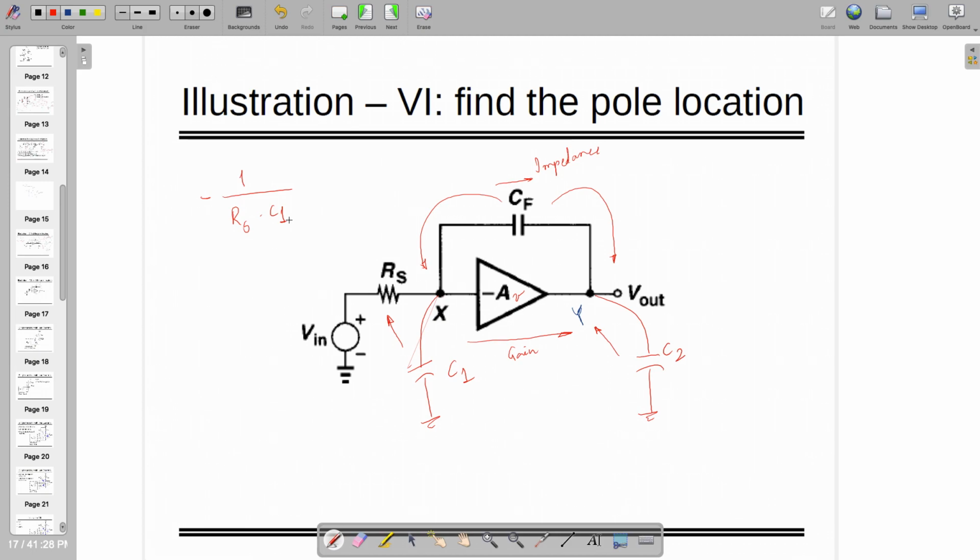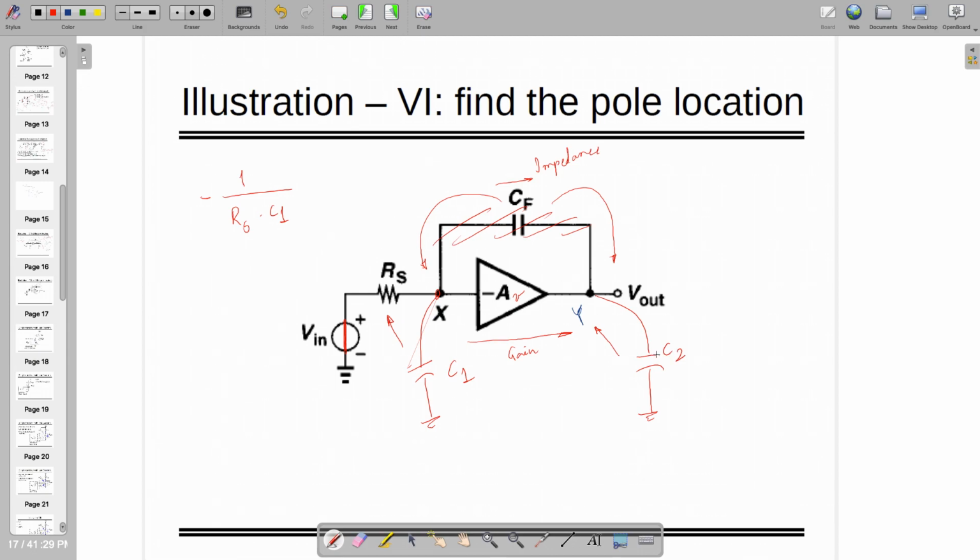This is happening because we are going to keep this one short. So effectively at this node you are going to see only Rs, and note that when you are doing this, at that time this CF is not there, it's already decomposed, right? Now the interesting part happens when there is a C2.